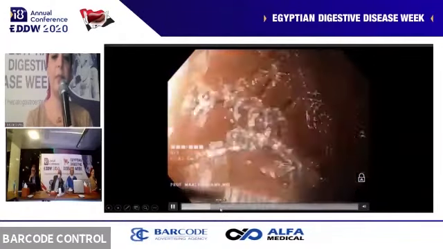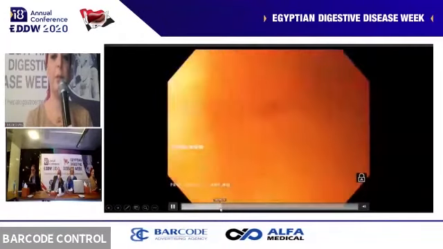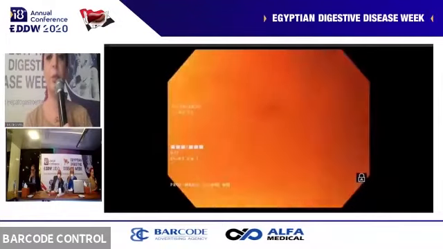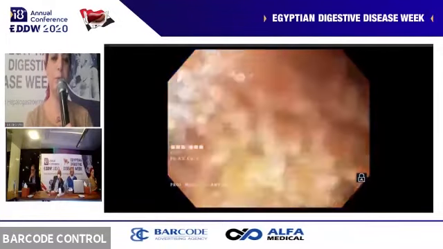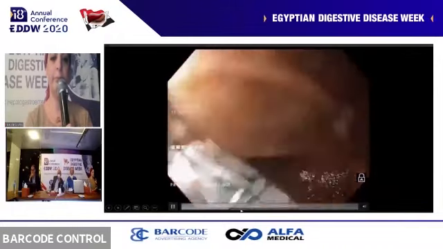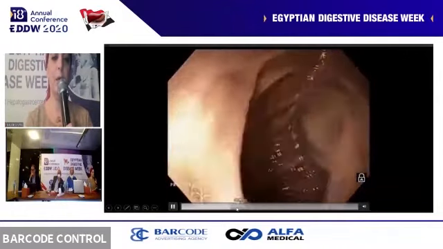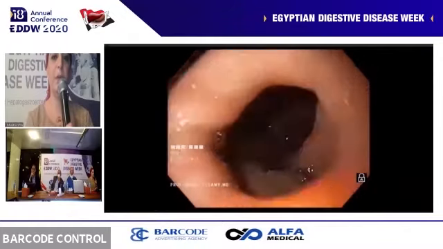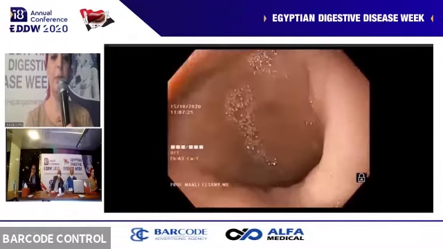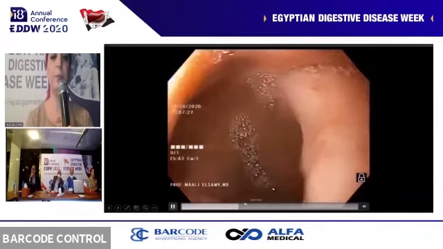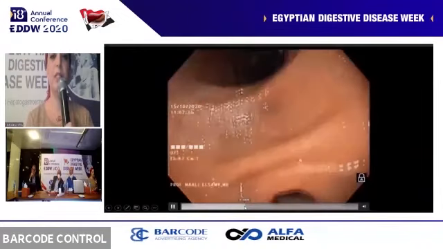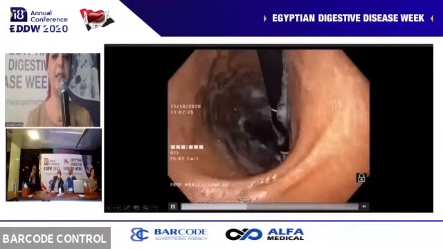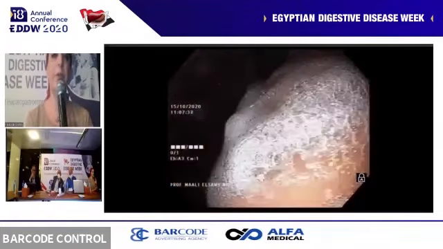Then the second part of the duodenum, and trying to withdraw with full inspection of the duodenum and the bulb. It's very important to inspect the incisura, the common site of ulcer.